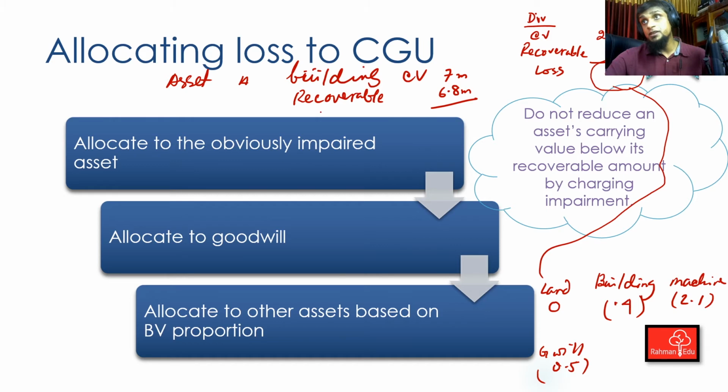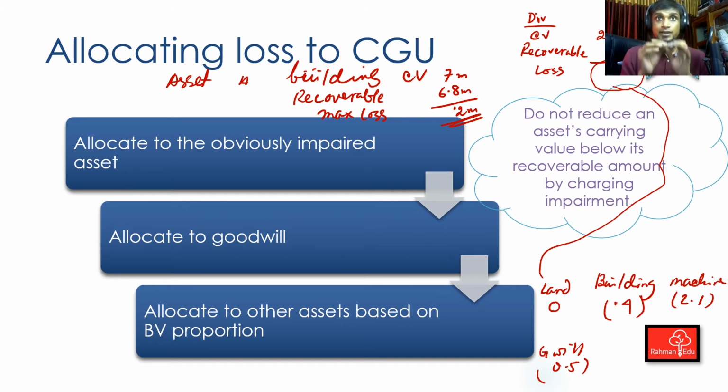So for this building, the maximum loss that can be put over there is $0.2 million. You cannot put more than $0.2 million in that particular asset. That is the maximum. That is the minimum. Exactly 0.2. Not more than that, not less than that.